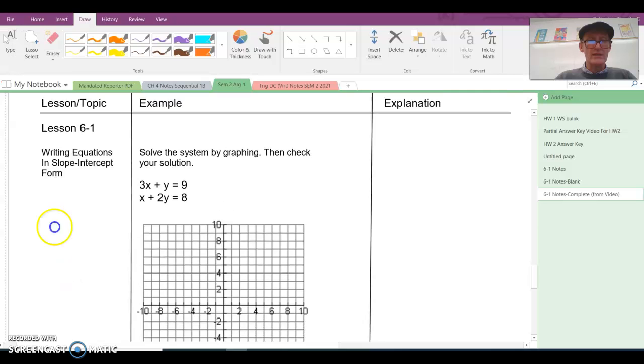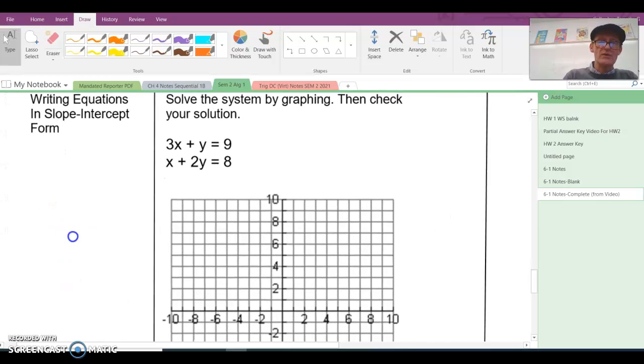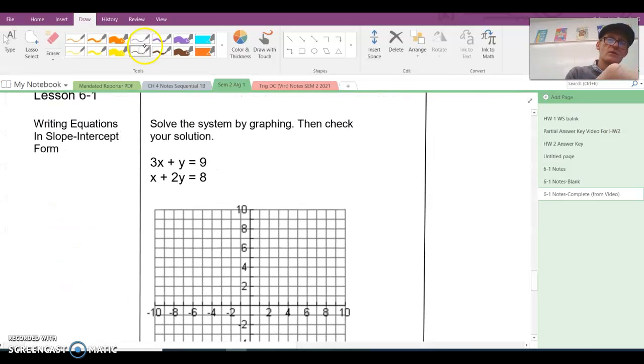We have to write the equation in slope-intercept form first. So for the first equation, I have to subtract the 3x, and I get y equals negative 3x plus 9. So m equals negative 3 over 1, and b is equal to 9.